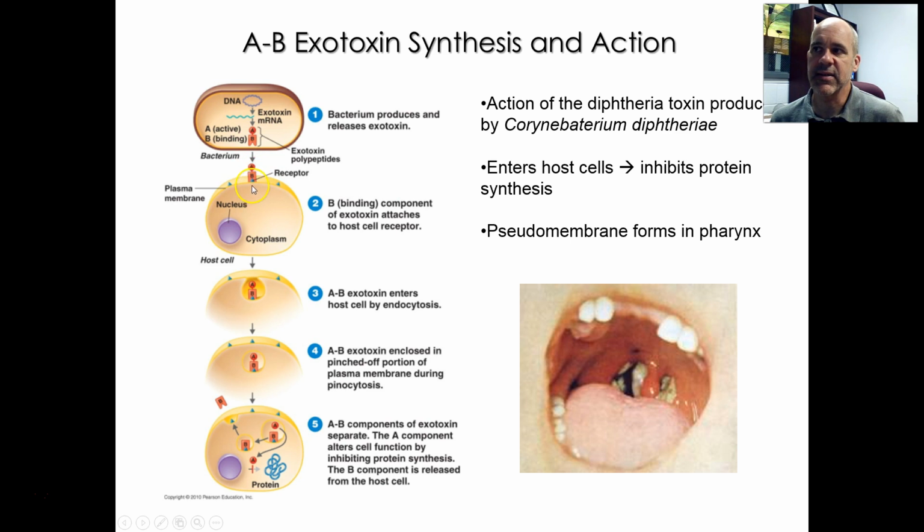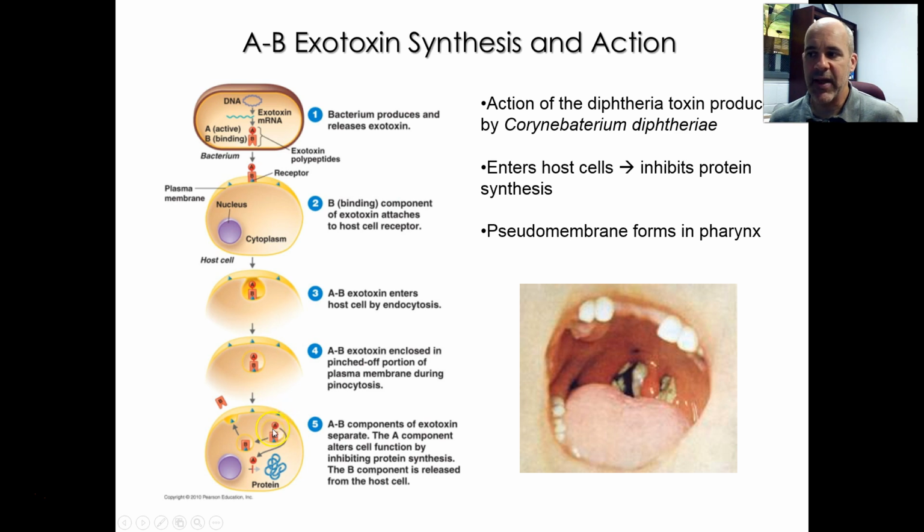All right, so this is some evil pathogenic type of bacteria that secretes an AB exotoxin. The B part of the toxin attaches to some sort of receptor molecule on the surface of a host cell, kind of like a virus would attach to a host cell, same kind of concept. Then notice that the host cell internalizes this AB exotoxin, kind of like it would internalize other things that might bind to the surface. It comes inside in a little membrane-covered vesicle.